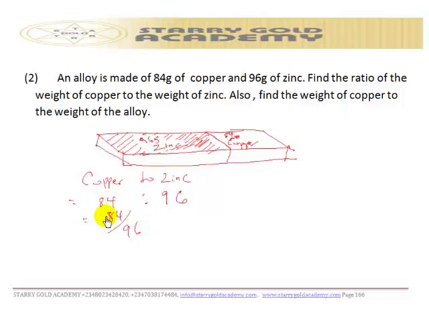So I also know that 12 times 8 is 96. So if you divide 84 by 12, you have 7. If you divide 96 by 12, you have 8. So the ratio of copper to zinc, copper ratio zinc, is 7:8.